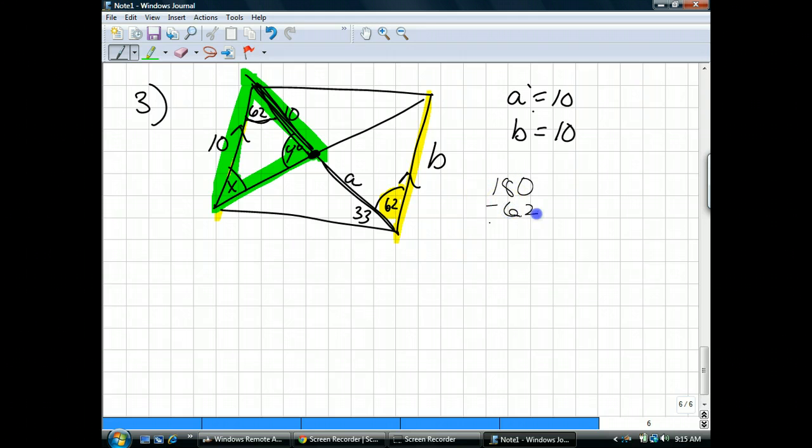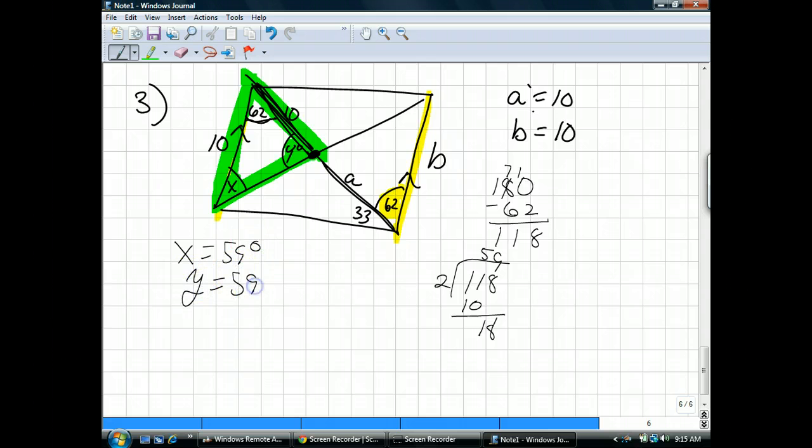So if we subtract 62 from that, we get 118. And if we take 118 and divide it by 2, then we know angle X must be 59 degrees and angle Y also has to be 59 degrees.